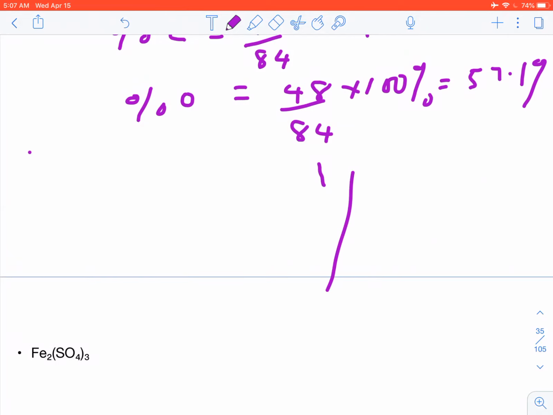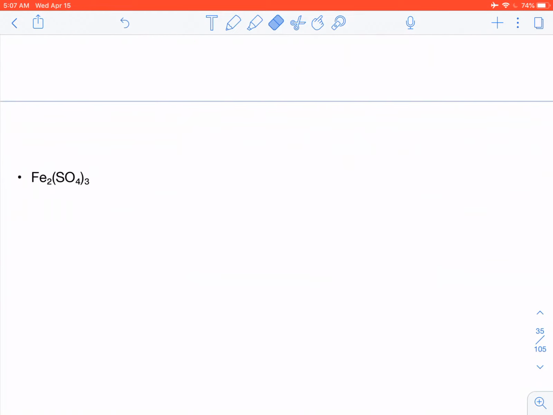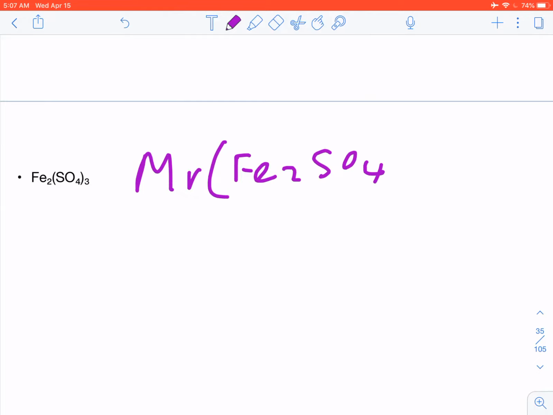And let's look at this one here now. Here we got iron sulfate, and in iron sulfate we have M of Fe2(SO4)3, right?